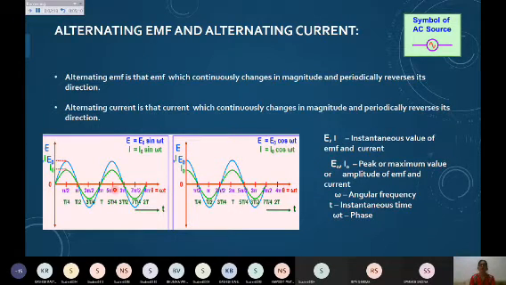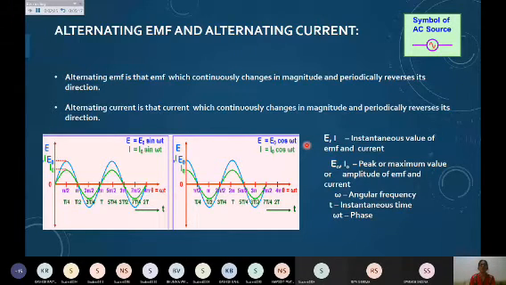Along with the definitions of time period and frequency, these symbols should be known. We use E for the instantaneous value of EMF, meaning EMF at a given instant of time. Similarly, I is the current at a given instant of time.